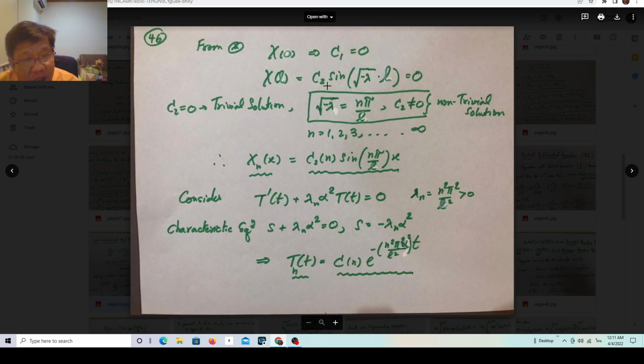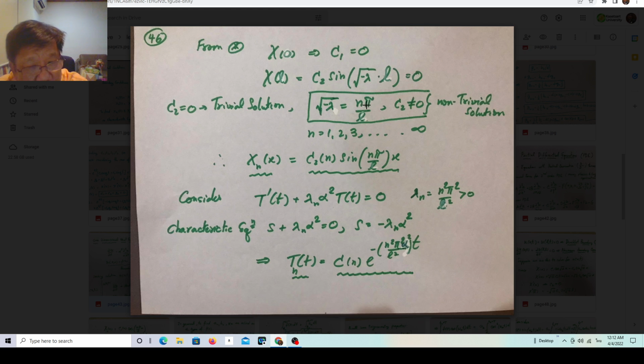But there's another way to get non-zero c sub 2: put square root of minus lambda equal to n times pi divided by L. Look at this: if square root of minus lambda is equal to n pi divided by L and you put it here, the L's cancel each other and you get sine of n times pi.